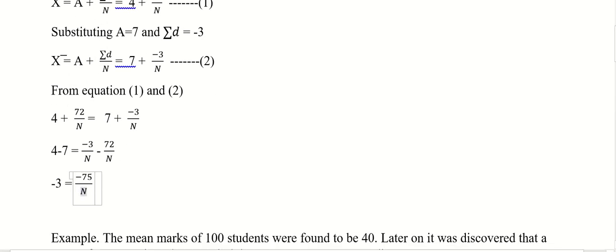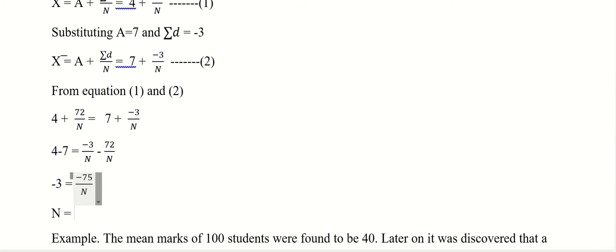Now we will just cross multiply it and this will become n equals minus 75 by minus 3. It will become plus 25 when we cancel it out. So now we have obtained n.